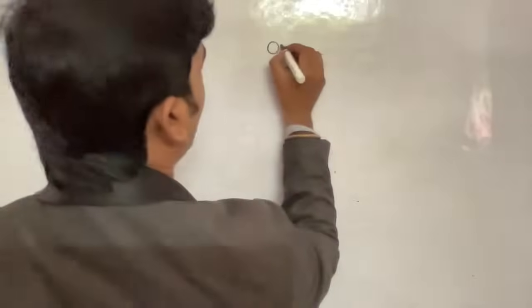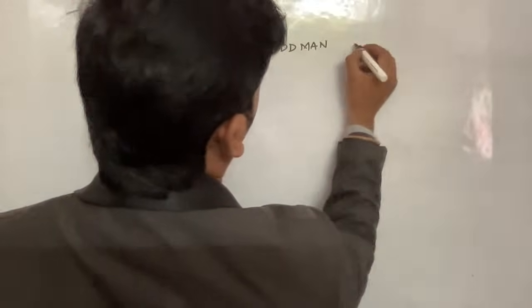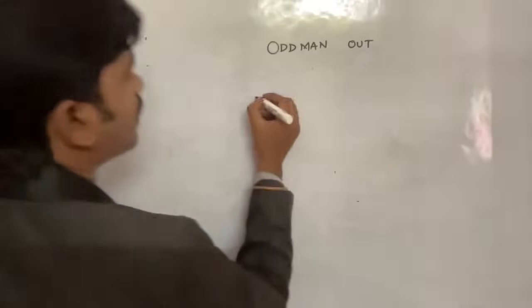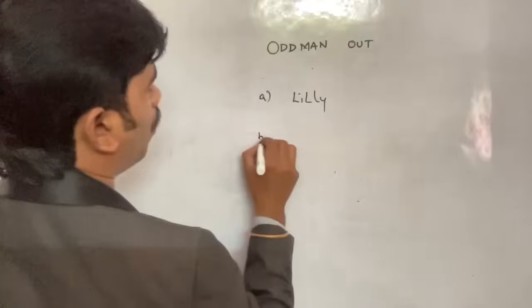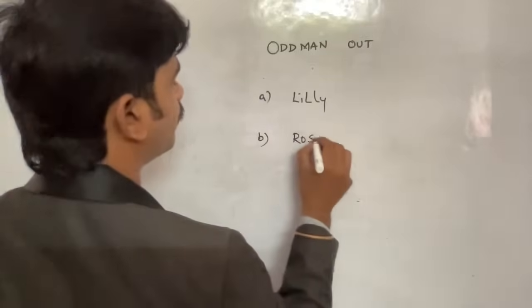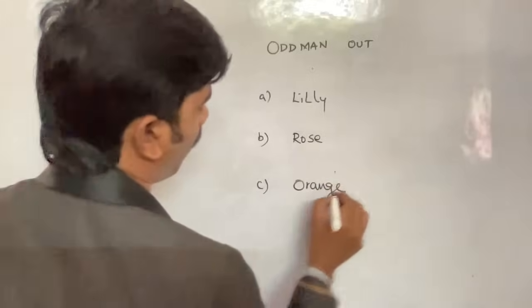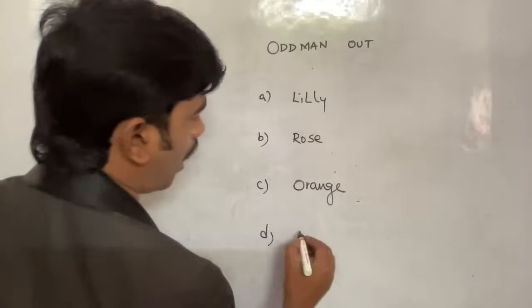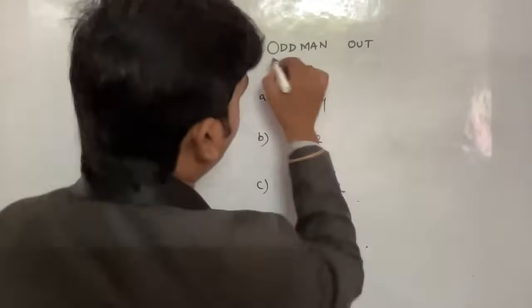Similarly, there is another module called odd man out. The question may be given like this: Lily, Rose, Orange, and Jasmine. What is the odd man out?